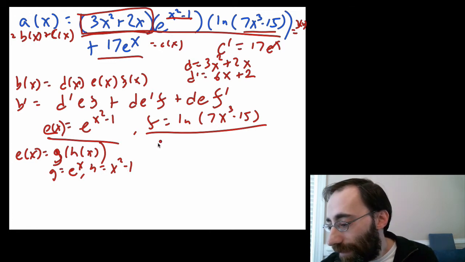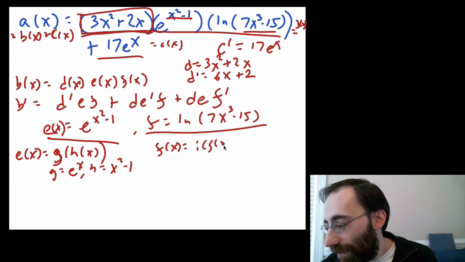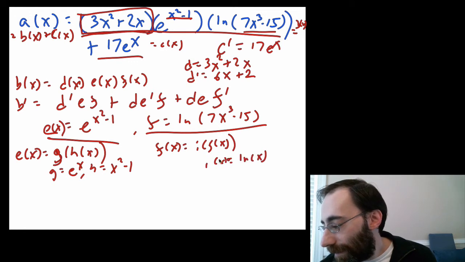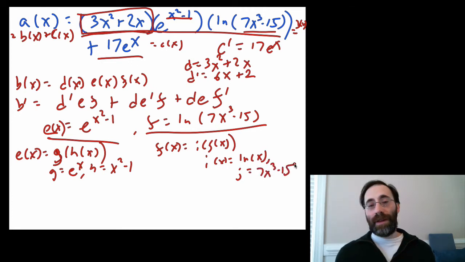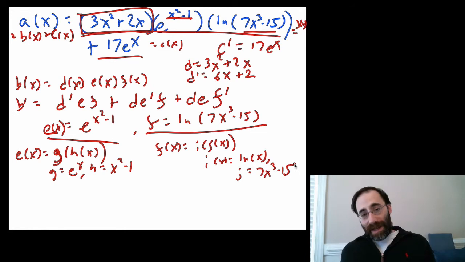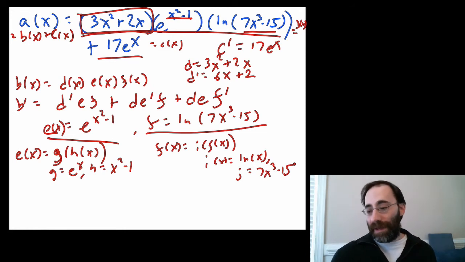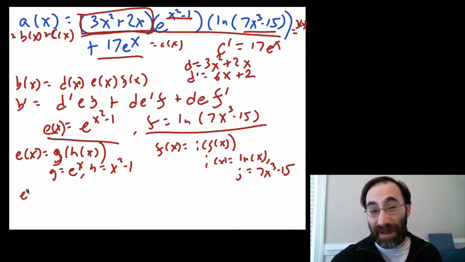And in the case of f, we can write f equals i of j of x, where i of x equals the log of x, and j of x equals 7x cubed minus 15. So I've broken that down. We can find each prime separately. Again, I'm going to skip some steps because I ran out of room here. But again, you should do it at home, writing it down.